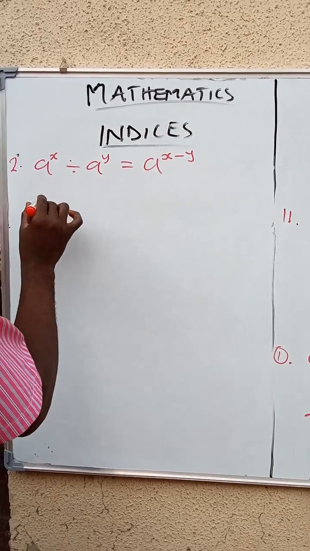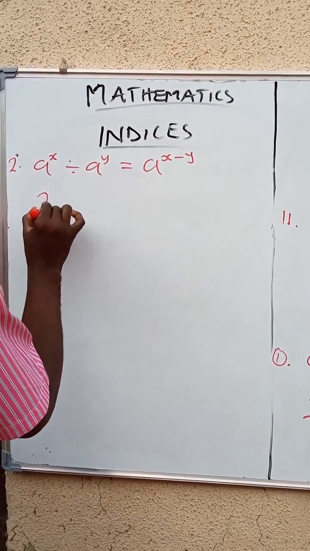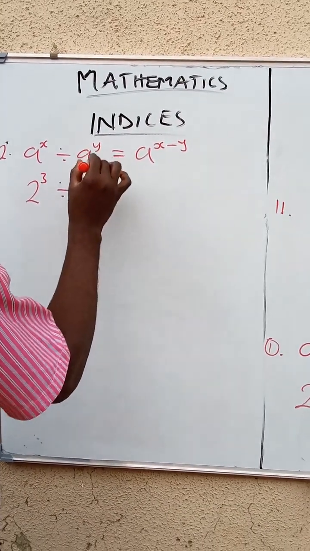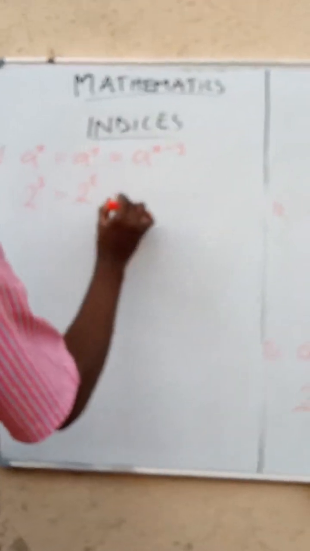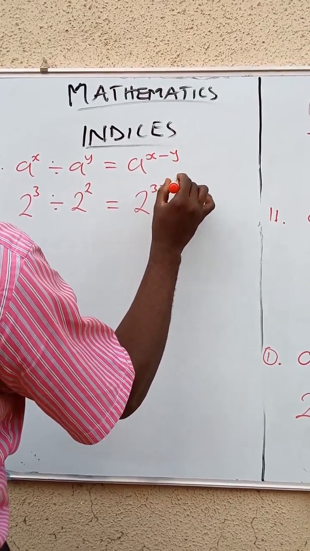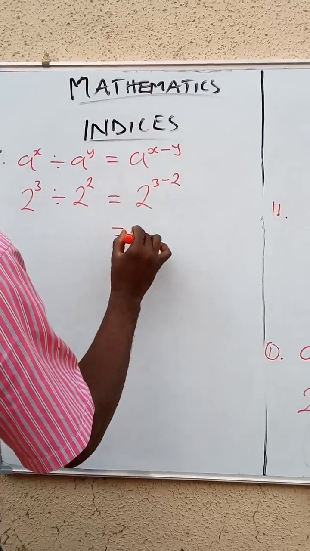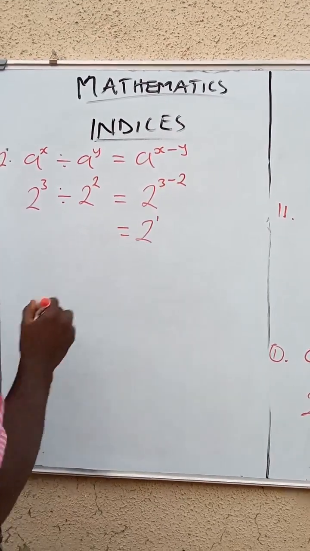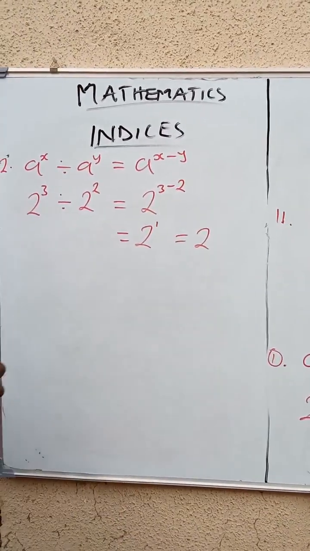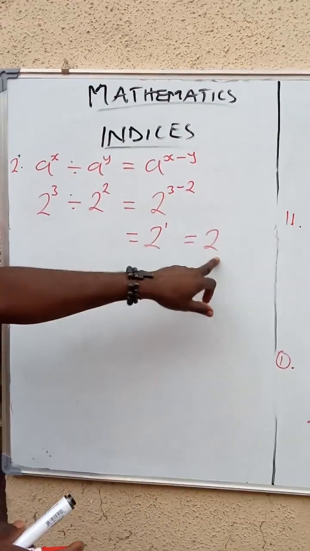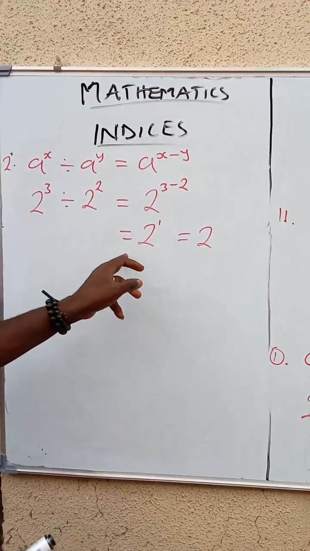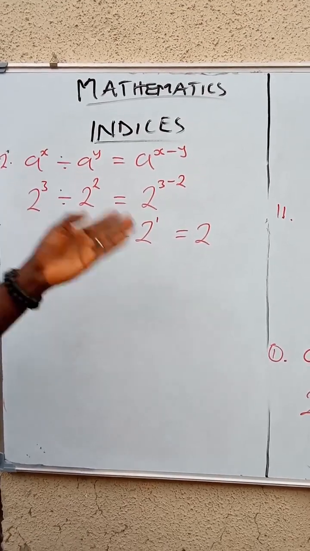For example, if I have 2 raised to the power of 3 divided by 2 raised to the power of 2, this is the same thing as 2 raised to the power of 3 minus 2, which is 2 raised to the power of 1. 3 minus 2 is 1. And 2 raised to the power of 1 is 2, because the index here is 1, and it's telling us that 2 just multiplies itself one time, which is 2.